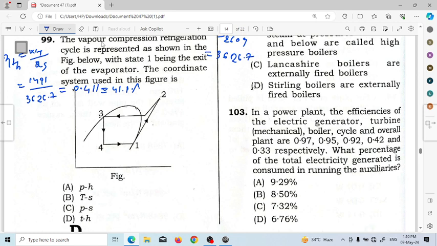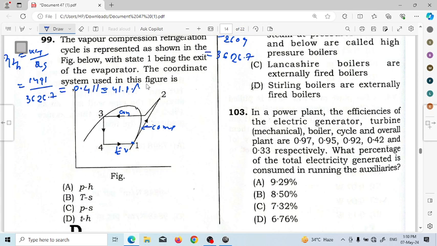Next, question number 99. The vapor compression refrigeration cycle is represented as shown in the figure, with state 1 being the exit of the evaporator. This is the evaporator, and this is the vapor compression cycle. That means this must be the compressor, this is the condenser, and this is the throttling valve.